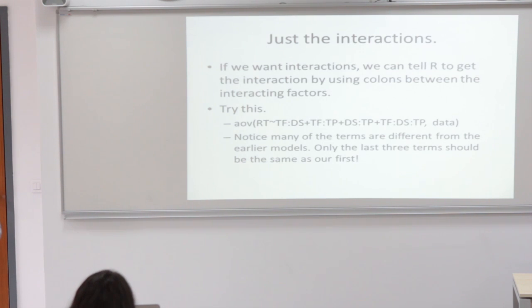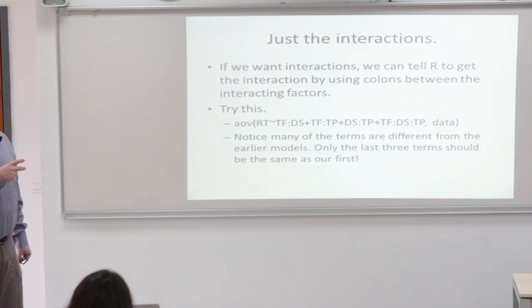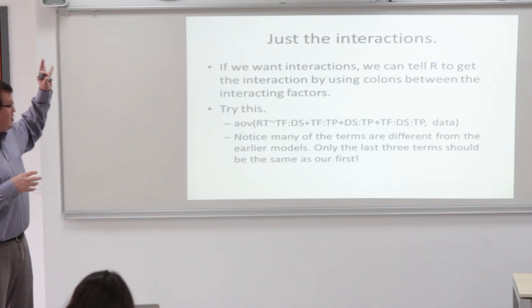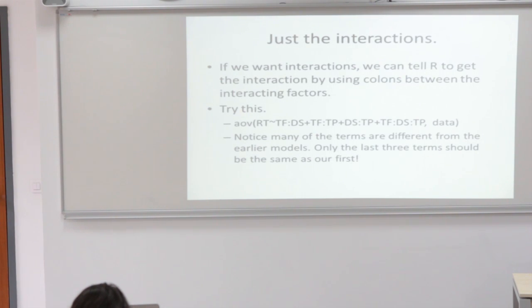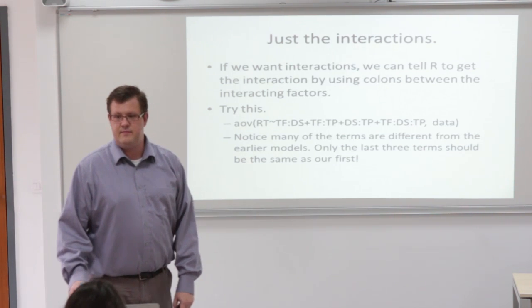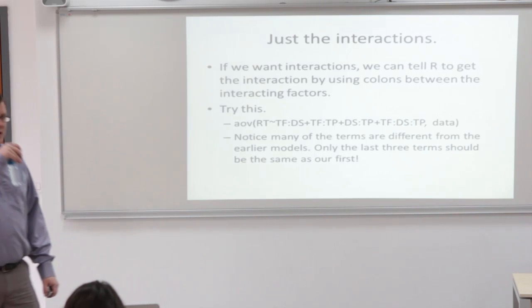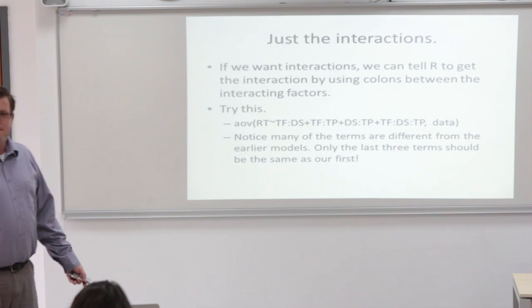So, I know some people are done. You can notice that a lot of the terms are different from what they were for that first analysis. Only the last three terms should be the same as our first. Why would that be?